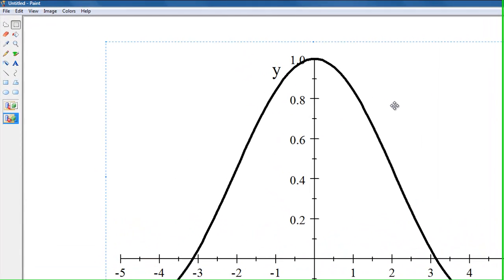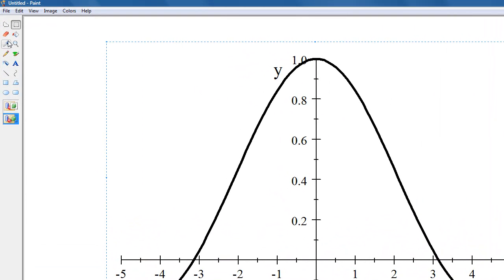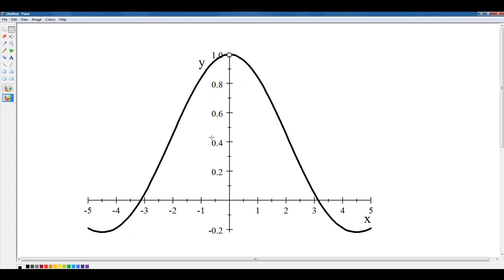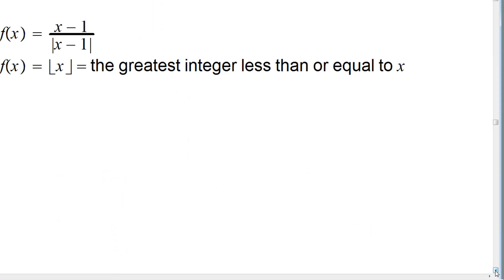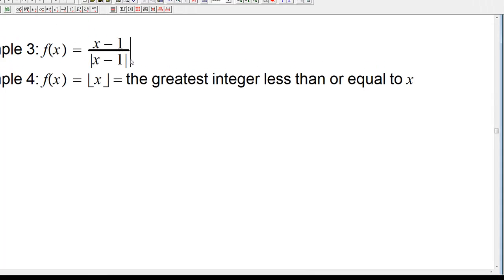This just can't be true, that the graph covers this function at 0 even though it is not defined at 0. So here we have a discontinuity at 0. Everywhere else you can just expand the window and see that the function is continuous.